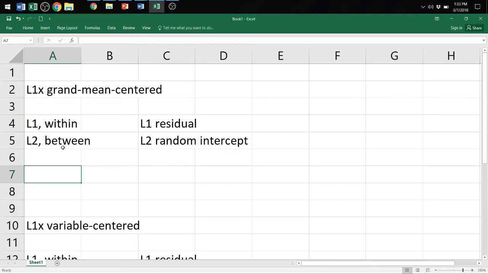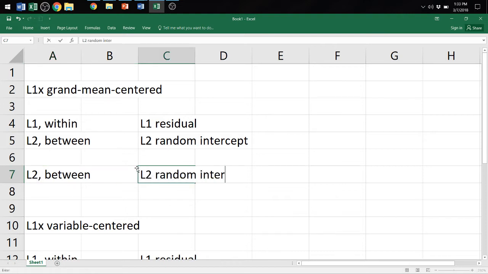In addition, level 2 between effects, right? Level 2 random intercept variance is accounted for those. Does anything happen to residual if you add a level 2 between effect? Nope, it should stay the same, or very close to the same.